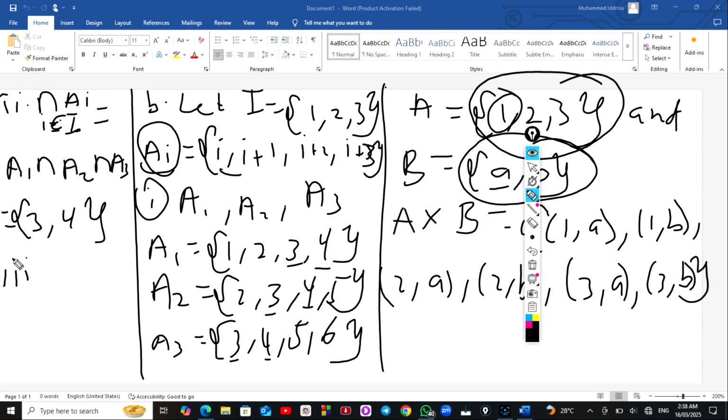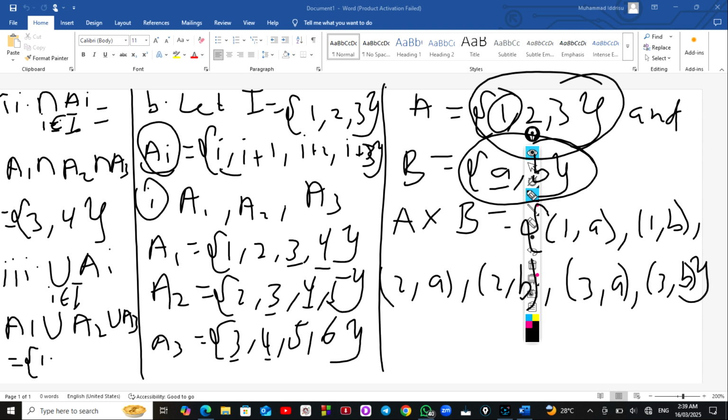And the next, we are going to find the union over i in I of A_i. That means we are going to find A1 union A2 union A3, which is equal to 1, 2, 3, 4, 5, 6. 2, 3, 4 are repeating, so we already have 2, we don't need these.